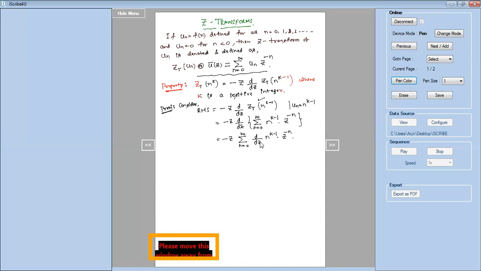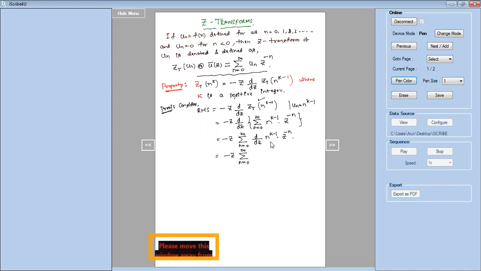Now let us differentiate. The meaning of this is you have to differentiate this term on the right hand side. How to differentiate? See this. This is equal to minus z into the summation n is equal to 0 to infinity. With respect to z, you have to differentiate this.